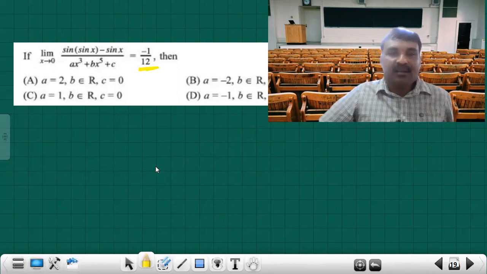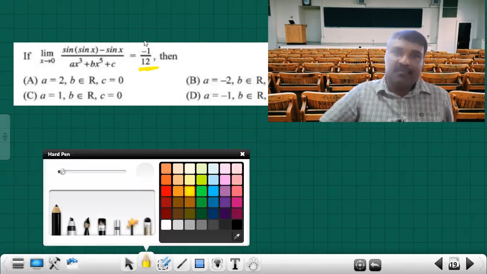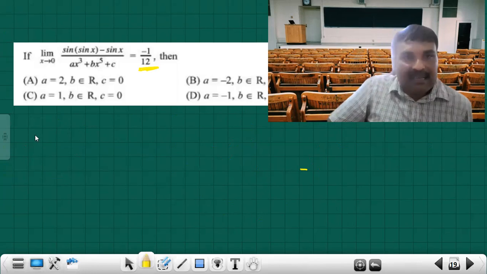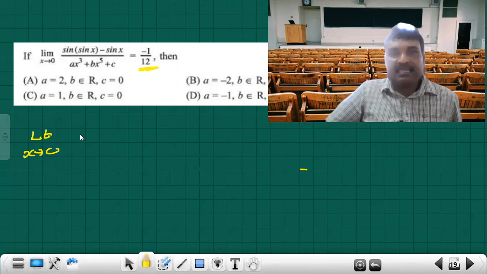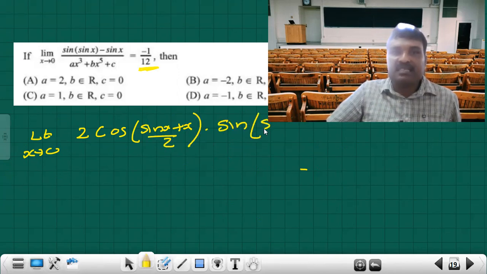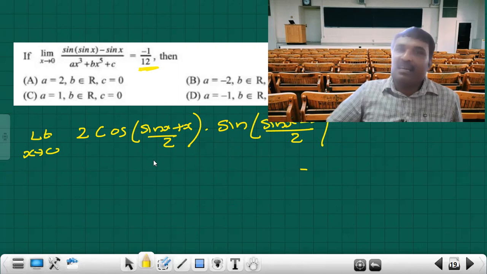This also we can write using sin A minus sin B. So we can write limit x tends to 0, sin of sin x minus sin x, that is 2 cos of (sin x plus x) by 2 into sin of (sin x minus x) by 2, right? Sin A minus sin B is 2 cos (A plus B) by 2 into sin (A minus B) by 2.